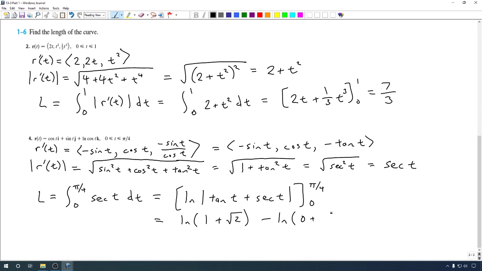Remember, cosine of 0 is 1, and secant just flips that upside down, so we still stay at 1. But then we have the natural logarithm of 1, which is also 0. So overall, our answer here is the natural logarithm of 1 plus square root of 2. That is the length of this particular curve on this interval.